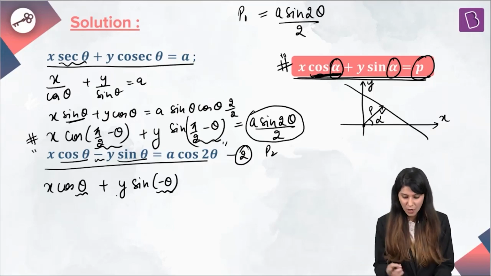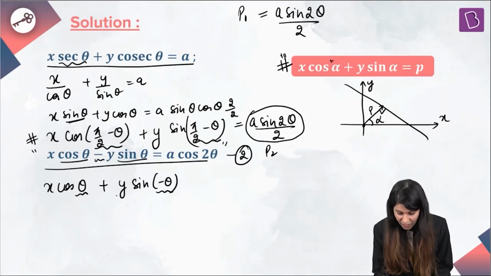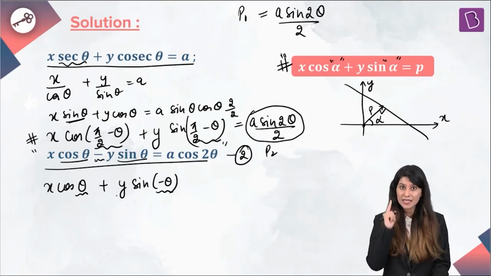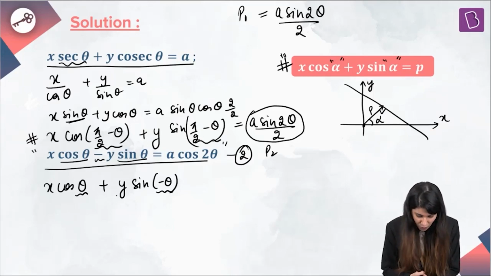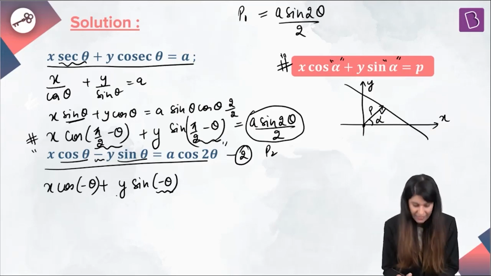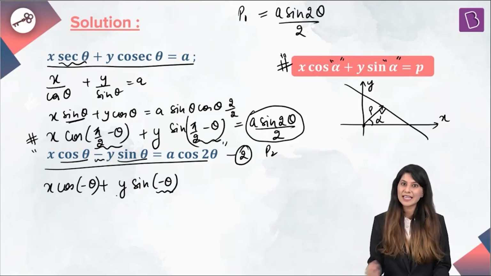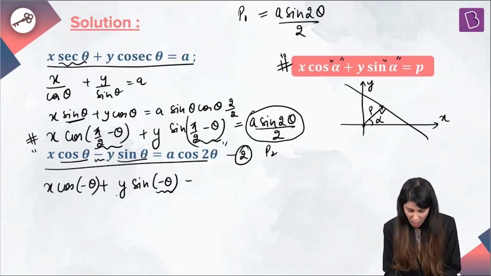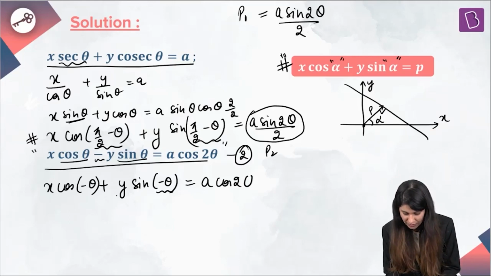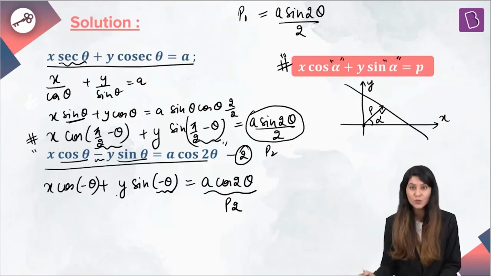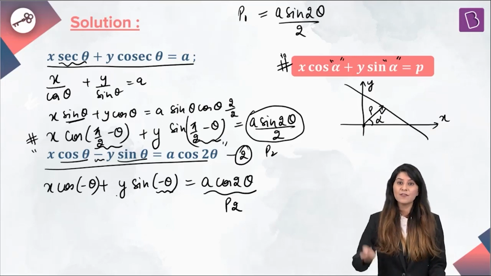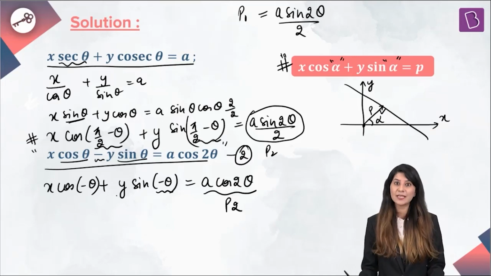That will not work, because in this form the arguments inside the cos and sine are the same. So cos of minus theta is cos theta, so I'm just applying a minus sign, and it will not affect my equation at any cost. So x cos of minus theta plus y sine of minus theta can now be written as a cos 2 theta, and this is nothing but P2, the perpendicular distance from the origin to this particular line number 2.